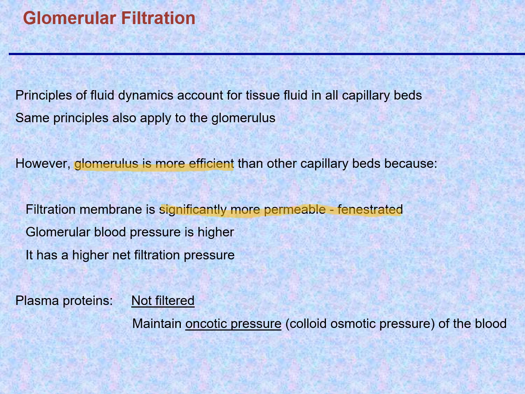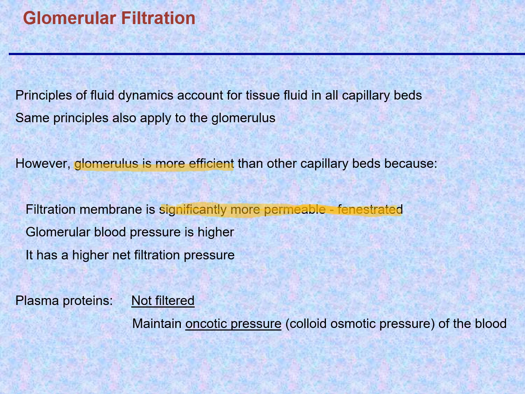Remember, in most capillaries in the systemic circulation, some of the fluid comes out into the interstitial space, and then most of it gets pulled back into the capillary, but some stays and works its way into the lymphatics. In the glomerulus, filtration is significantly greater.